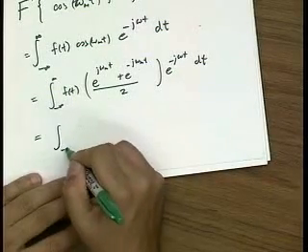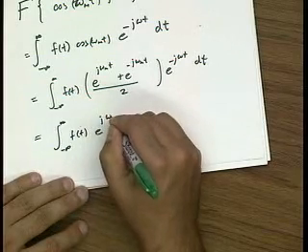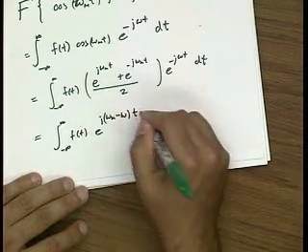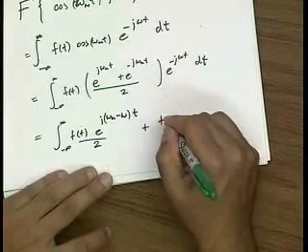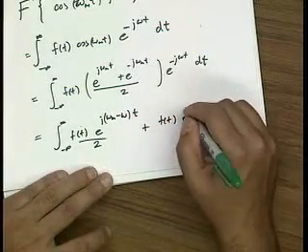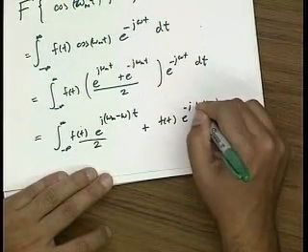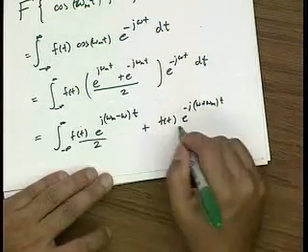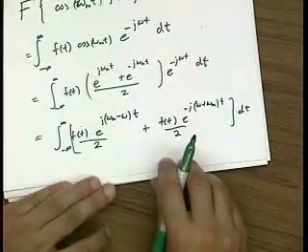So this turns into two integrals, f of t e to the j omega m minus omega t divided by 2, plus f of t e to the minus j omega plus omega m t divided by 2, dt, right?